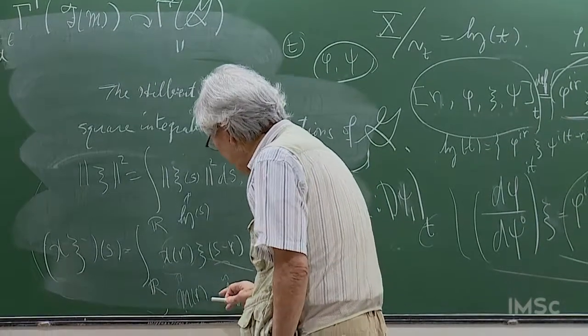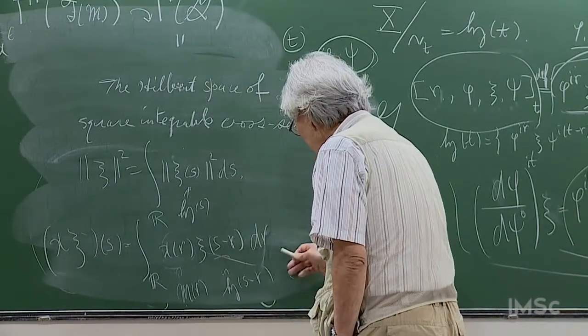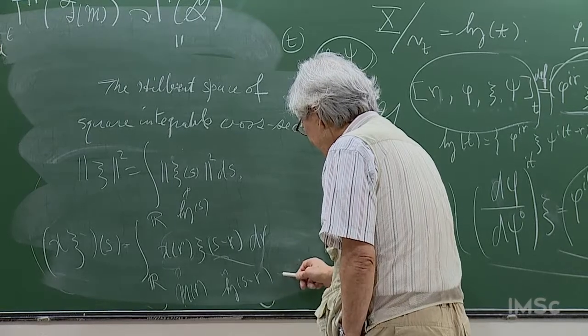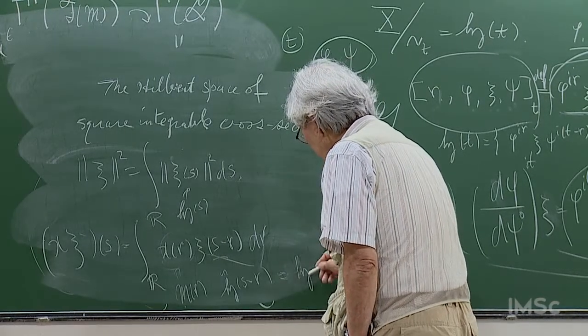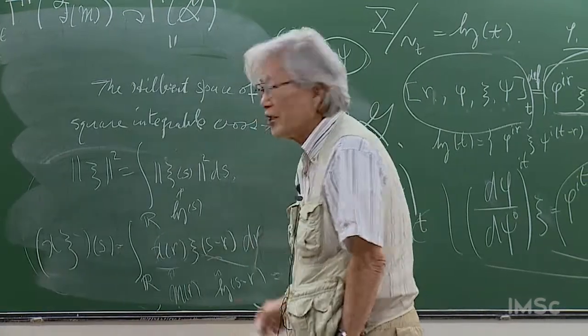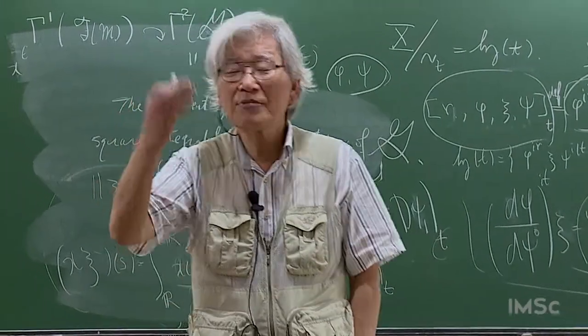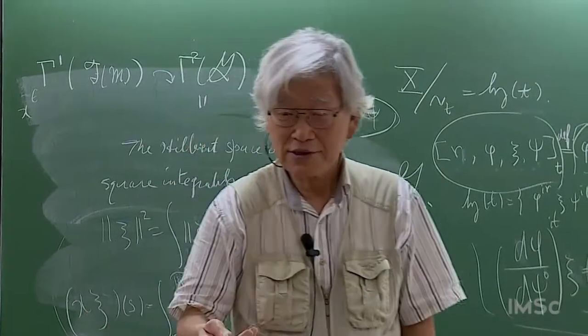M over r times one, since this is unitary, lands in H of S. So this integration takes place within Hilbert space H of S.